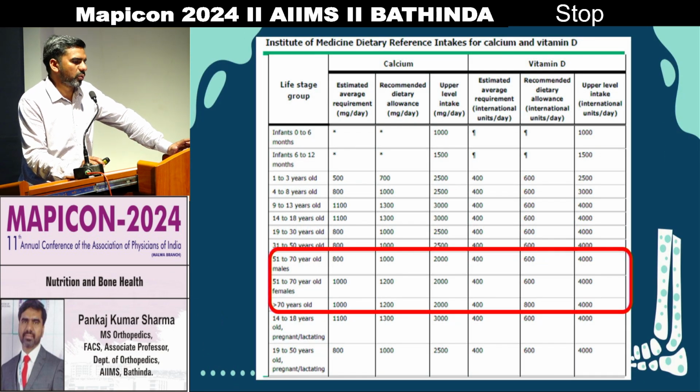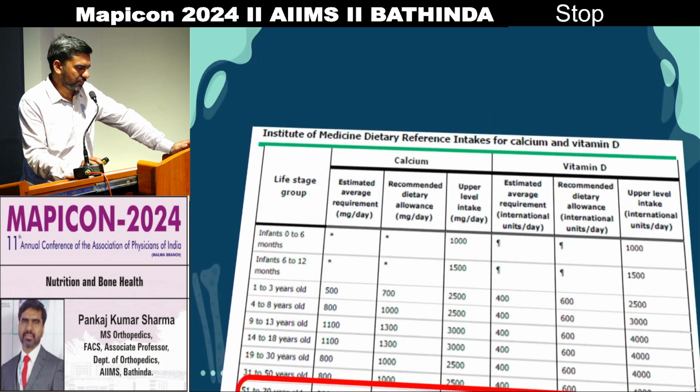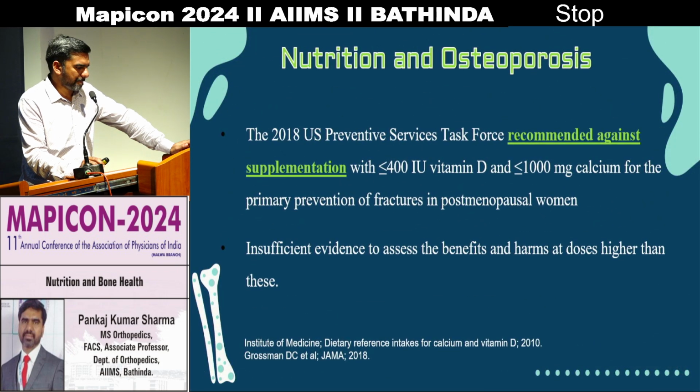Again, osteoporosis is an old age disease, so there is a number of documentation for people over 50 years up to 70 years old, and it is around 800 to 1,200. On average, you can take 1 gram of calcium and 400 milligrams of vitamin D on a daily basis.